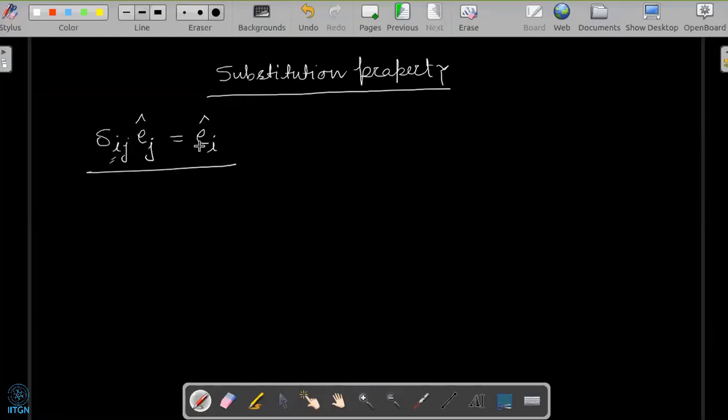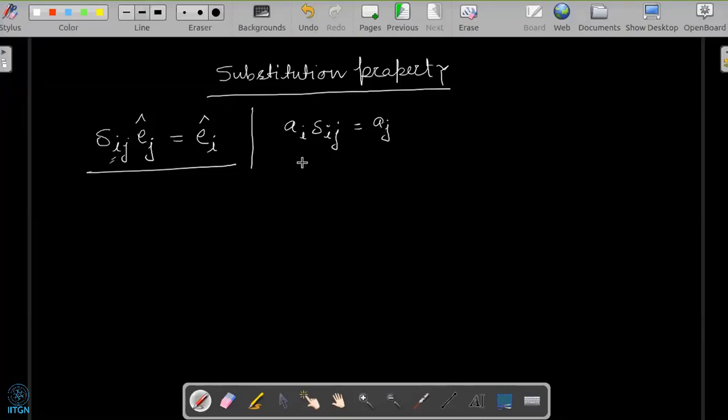Now let's see some more expressions so that this concept is understood. Let's say we have e_i delta_ij. What expression will we get? Anyone can guess? a_j. Yes, this is a_j, and you can expand it and you will find that you get a_j.